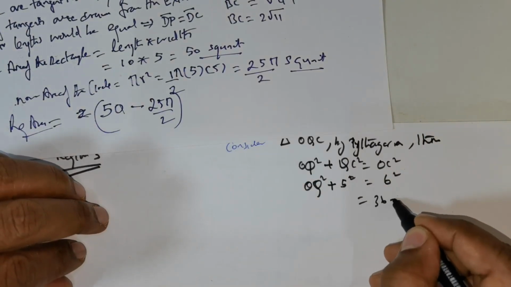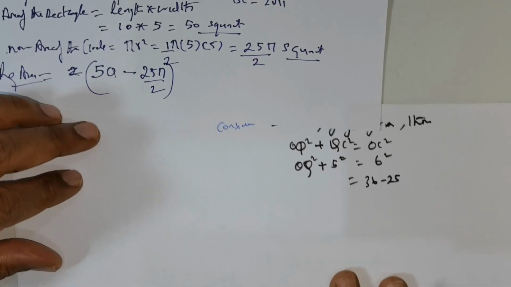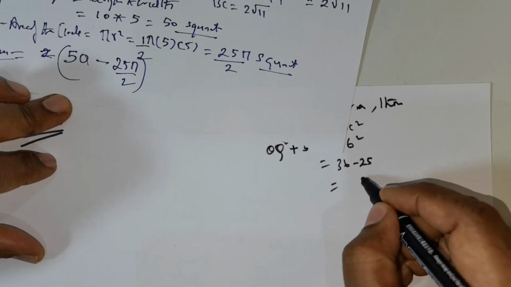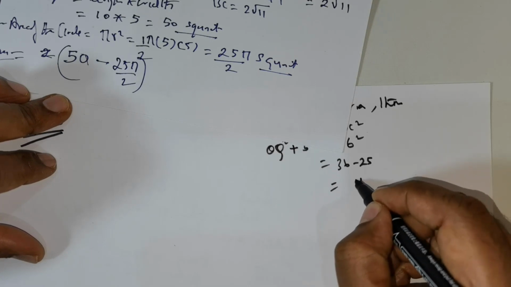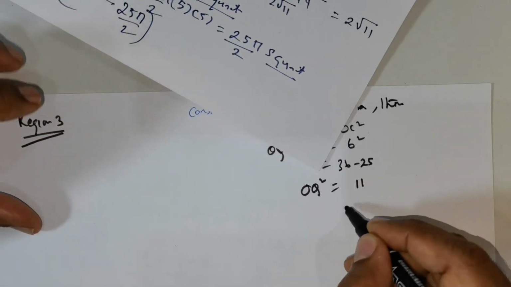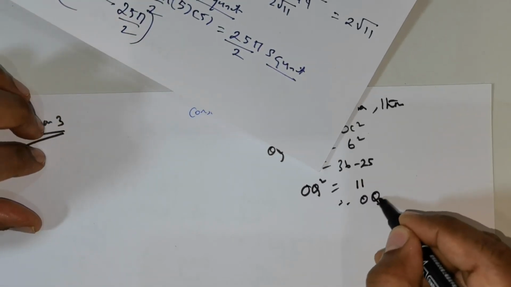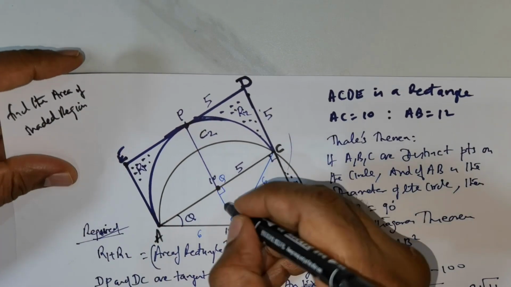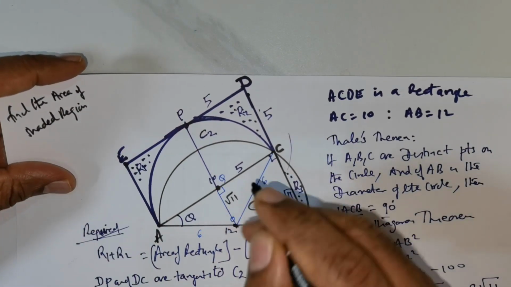So this is 36 minus 25, which is going to be 11. So OQ squared is equal to 11, therefore OQ is equal to root of 11 units. So this side is root of 11.